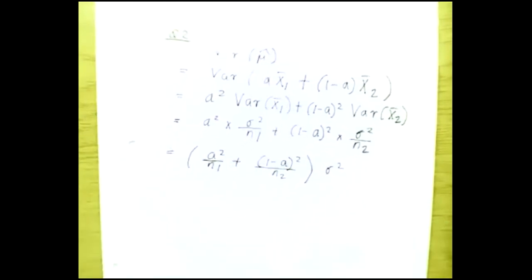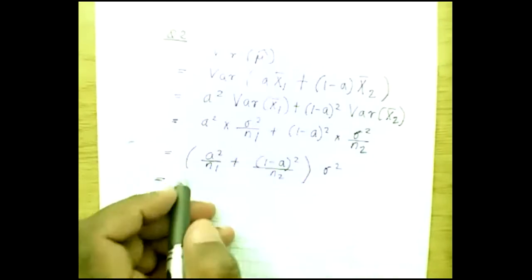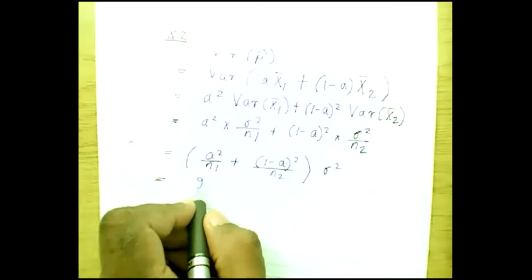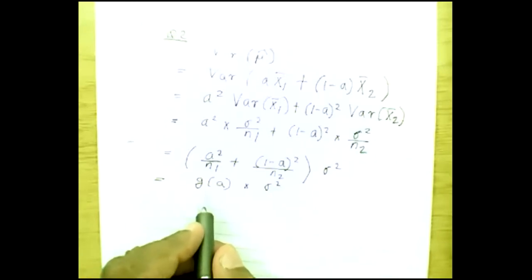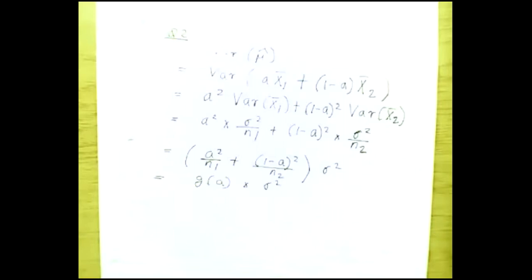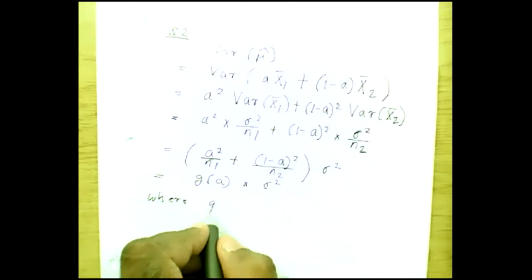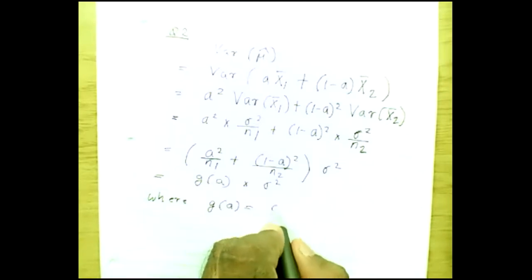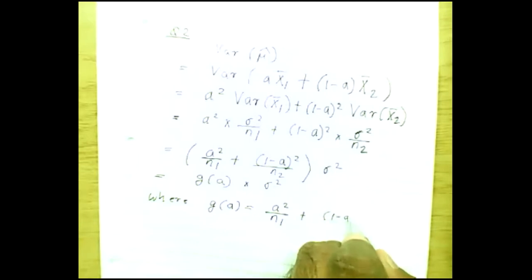Now, if you look over here, the only thing that depends on A is this, so let's call this G of A. Now we need to find the minimum of this function G as a function of A. I'm sure you've done calculus more than I have. In order to find the minimum of a function, what you need to do is to differentiate and set it equal to 0, and so on.